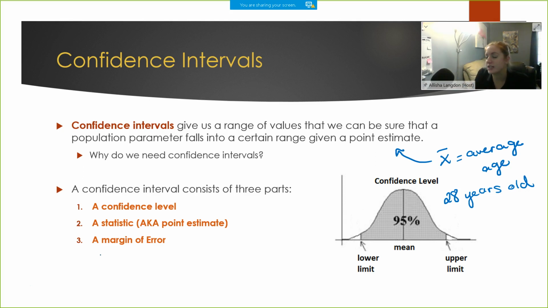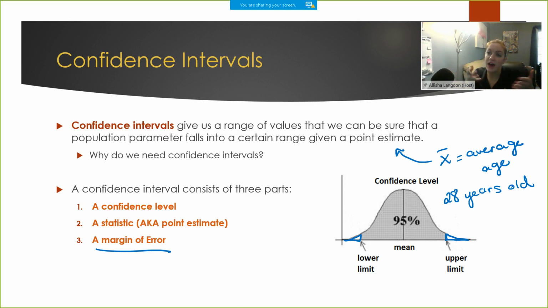And the margin of error, I should specify, is how much error you are allowed. In general, the amount of error you're allowed is this area on either side of the confidence interval. So if you have to be 95% sure, that means you have a 5% margin of error, because you just take 100 minus 95 and you get 5% left over.